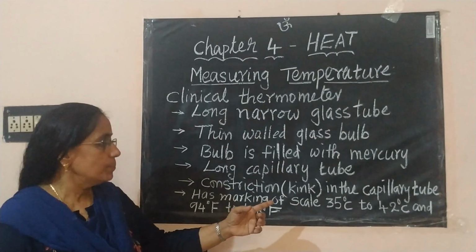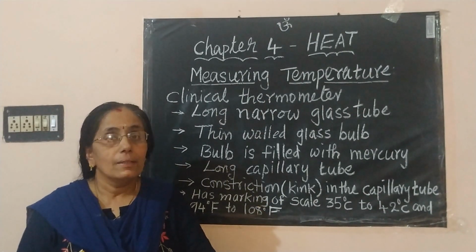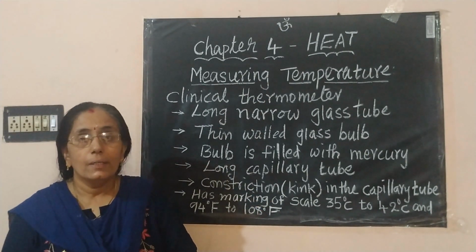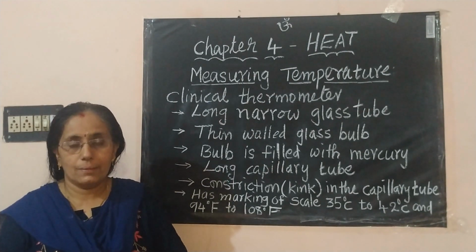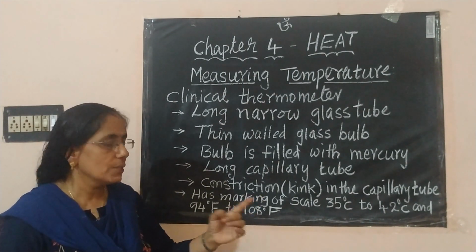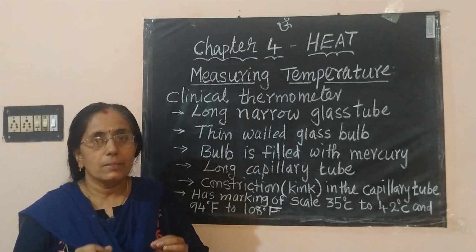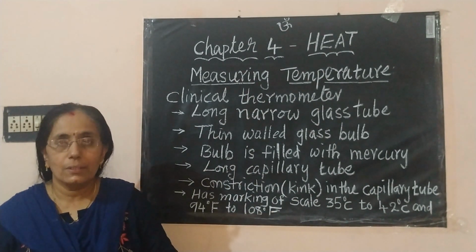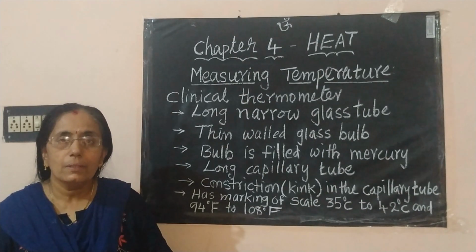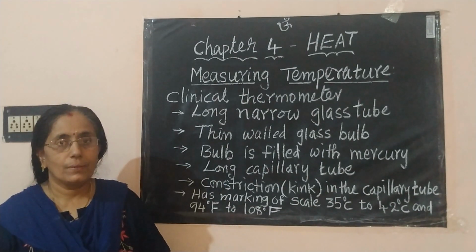Okay. So, we can see that the temperature can be measured in two scales. That is degree Celsius and degree Fahrenheit. Always the temperature should be stated or written along with its unit.